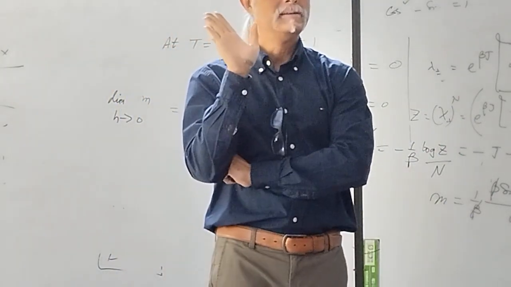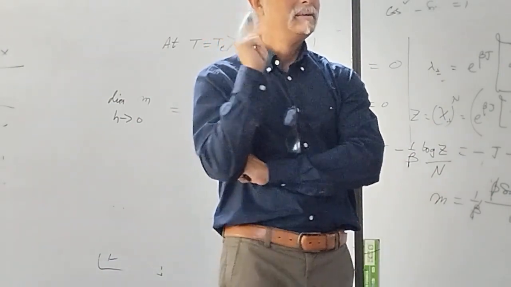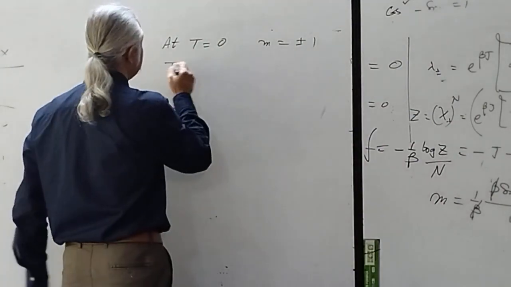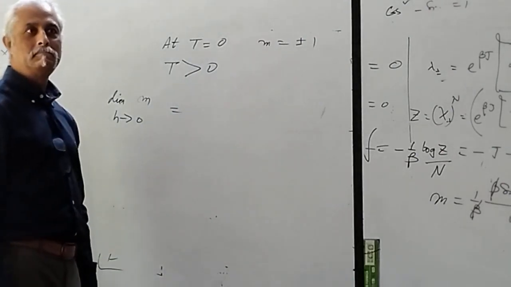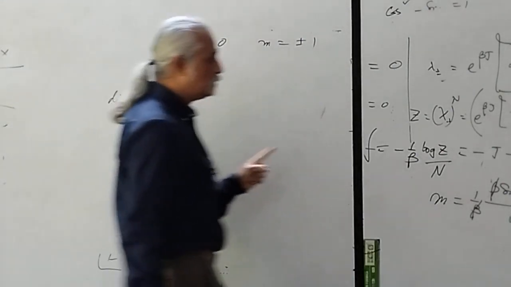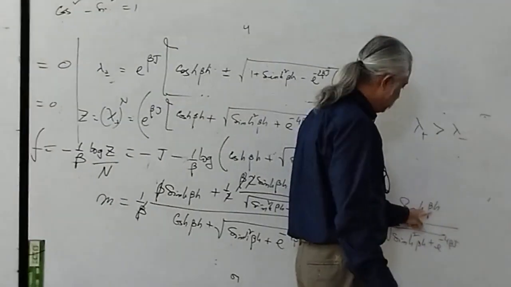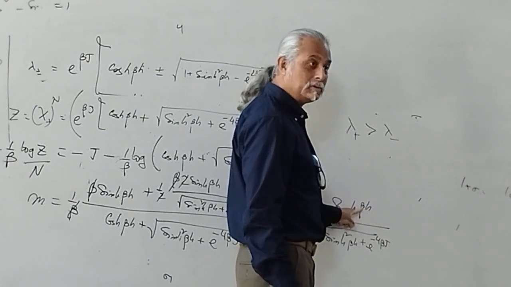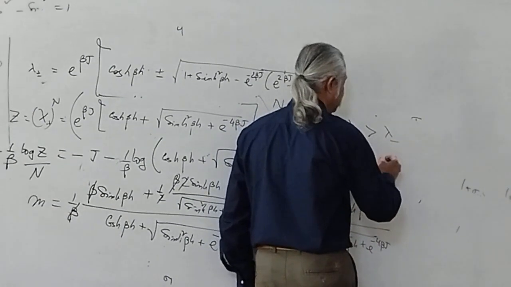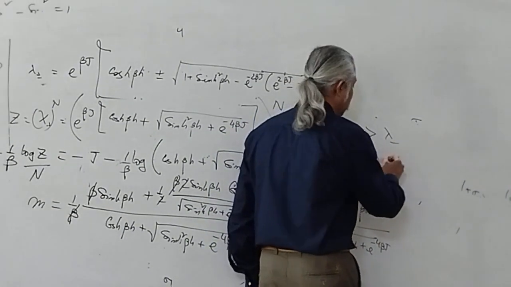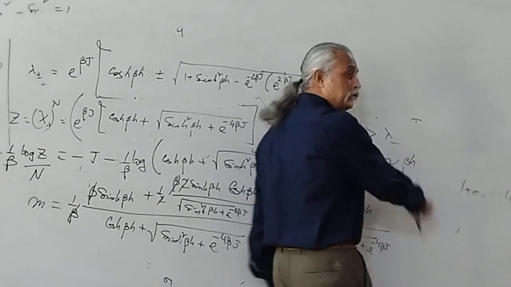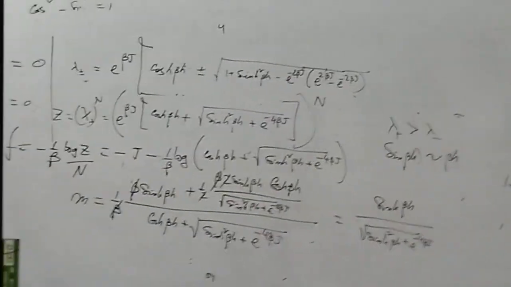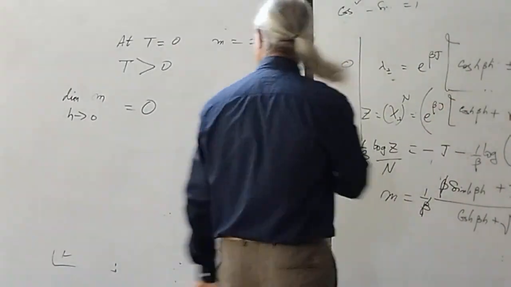Do you understand the reason for his frustration? Because at T equal to 0 and T greater than 0, if you allow H tends to 0, then it is very small. Sin hyperbolic beta H, if H tends to 0, very small, equals beta H, which means at H equal to 0 it is 0. So in the limit it is 0 regardless of temperature, as long as T is greater than 0.